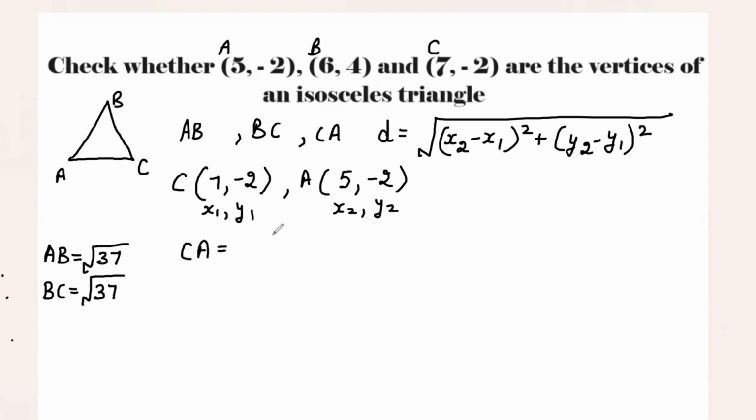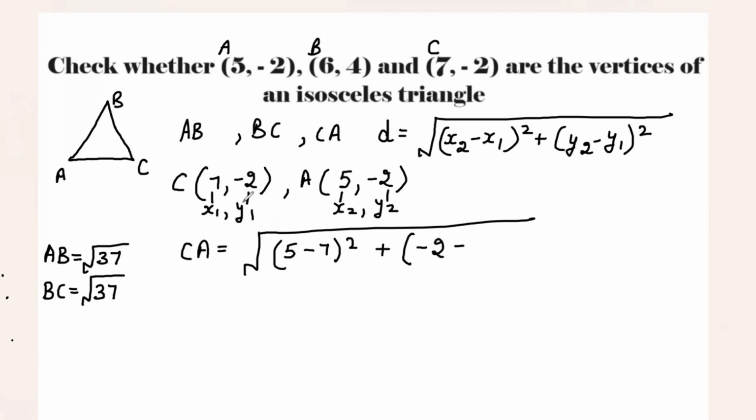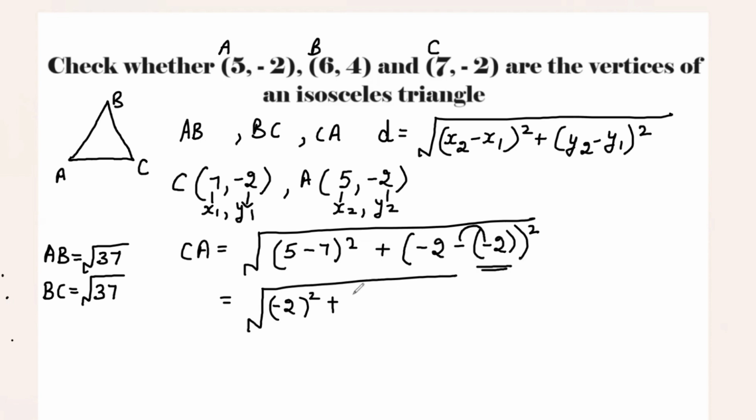So CA equals root x2 is 5 and x1 is 7 whole square plus y2 is minus 2 minus y1 is minus 2, we'll put a bracket, minus 2 whole square, which equals 5 minus 7 minus 2 whole square plus, since we have a bracket here, we will solve it, minus into minus is plus.